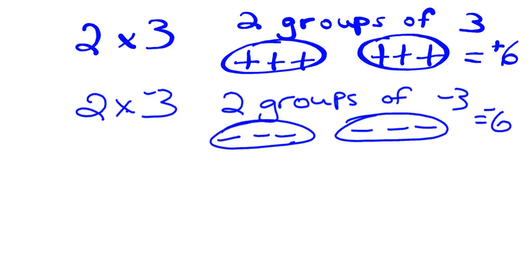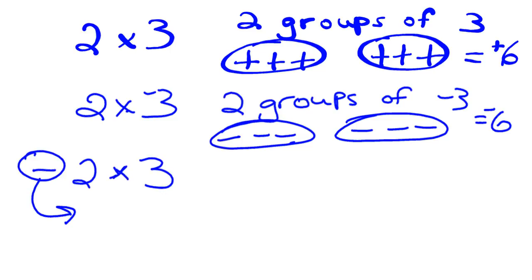Then if I have -2 times 3, that says the opposite of two groups of 3.